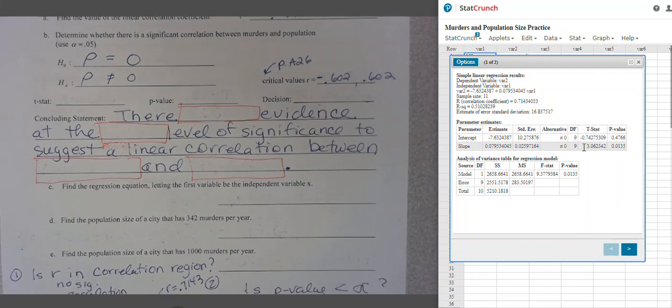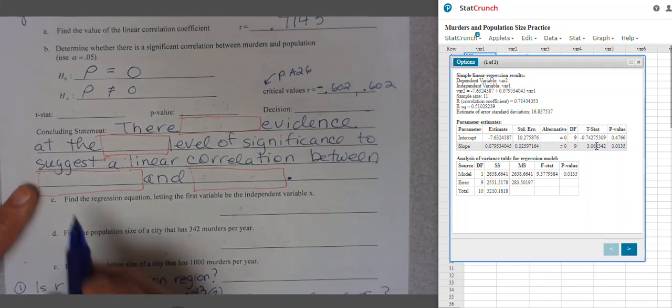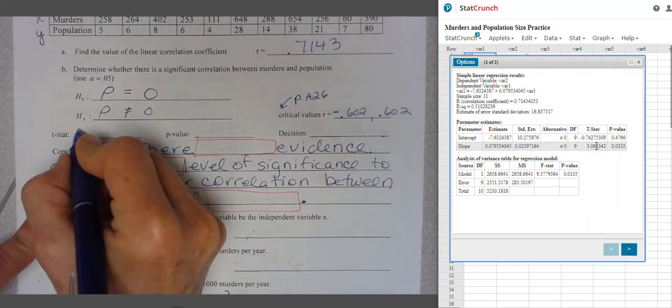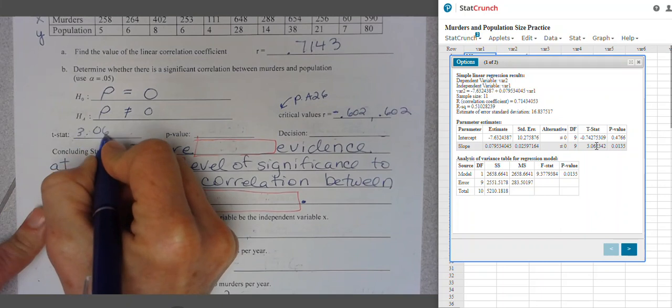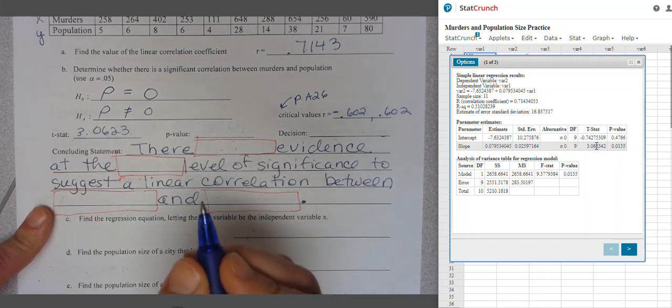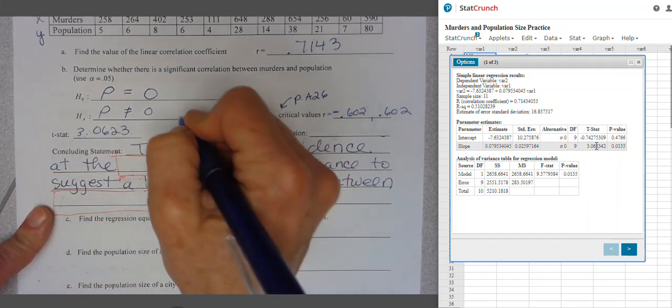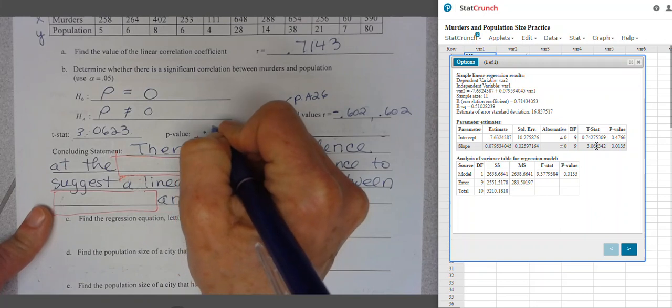So the test statistic is computed from our sample. The test statistic gives us the p-value. So we'll just write those down, what we got. Our test statistic was 3.0623, and the p-value, which is what we look at, is 0.0135.